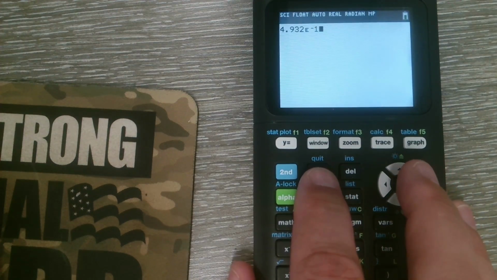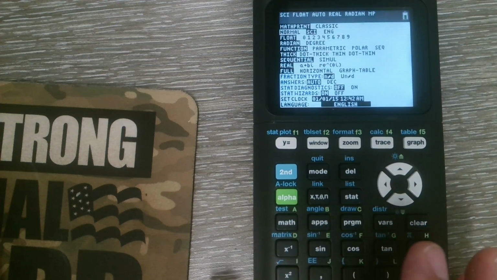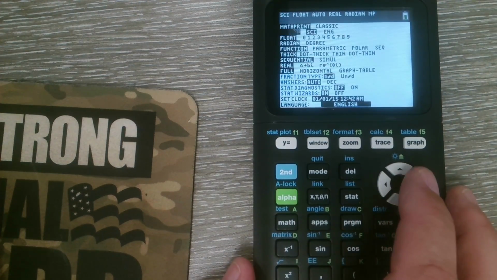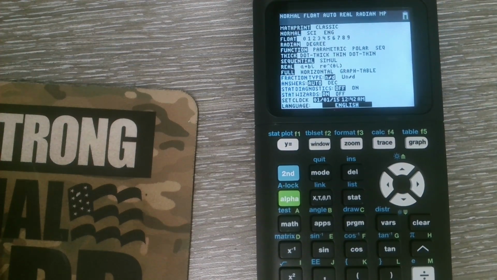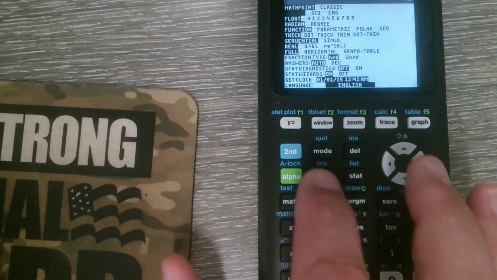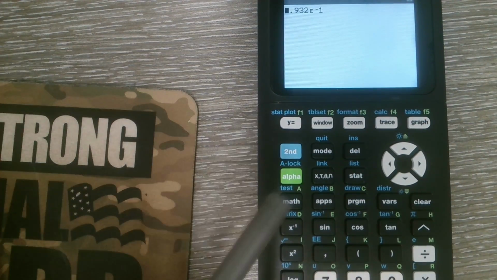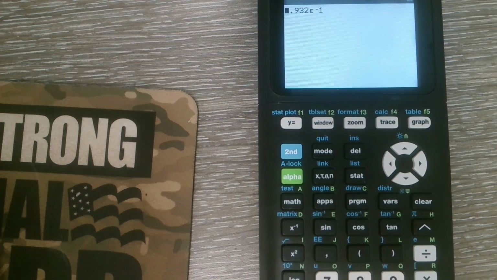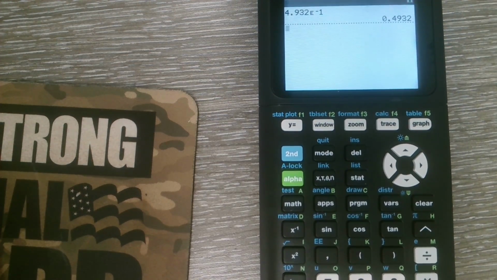Then you come over here to mode, see mode, right next to the second button. And since we're converting from scientific to standard, we're going to select normal. And to get out of this, you go second mode. Now we've changed our mode to standard notation, and we hit enter, and there it is, 0.4932.